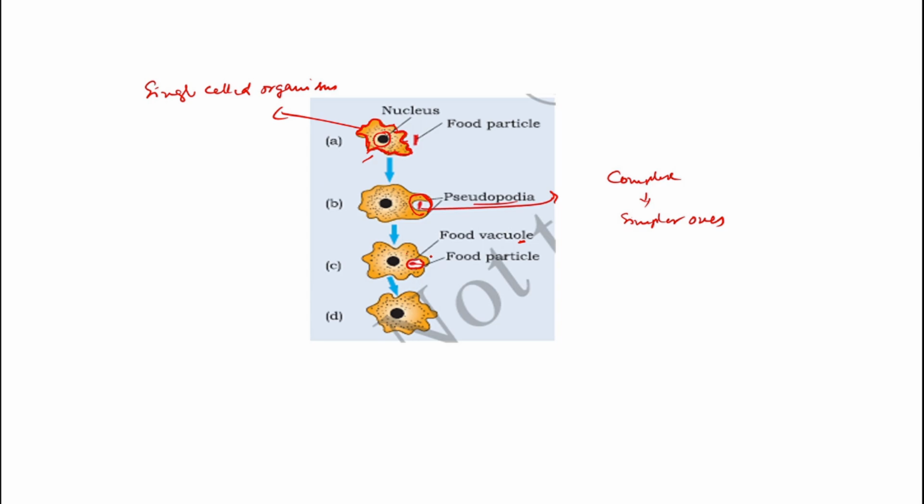The remaining undigested material is moved to the surface of the cell and thrown out. So some part of the food particle is digested in the cytoplasm, and the undigested food is thrown out to the surface of the amoeba. So this is how digestion takes place in the amoeba.